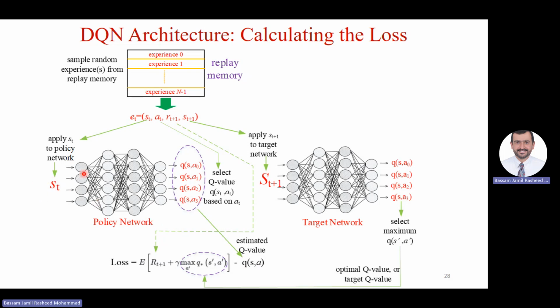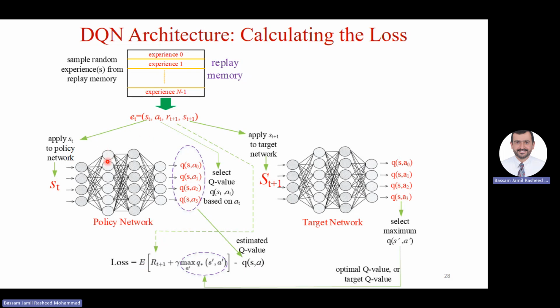And the target network, we will always use for the next state, ST plus 1, and we will pick the maximum action and plug it in this equation so that I can compute the loss, which is used to train this network.